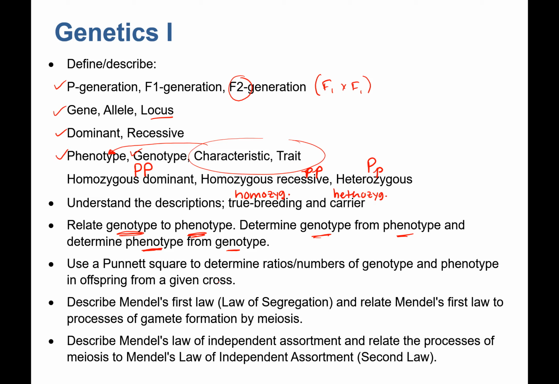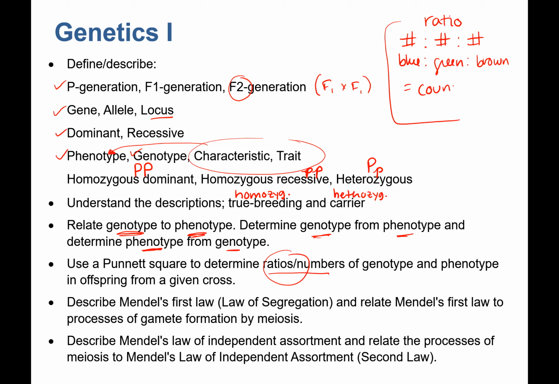We've used a Punnett square to determine ratios or numbers of genotype and phenotype. So a ratio is basically when you count up the numbers of each different thing. You put these little dots between them. And this might be blue to green to brown.